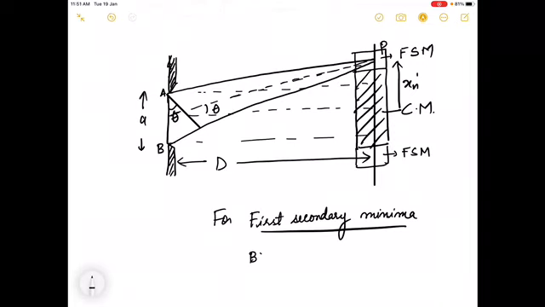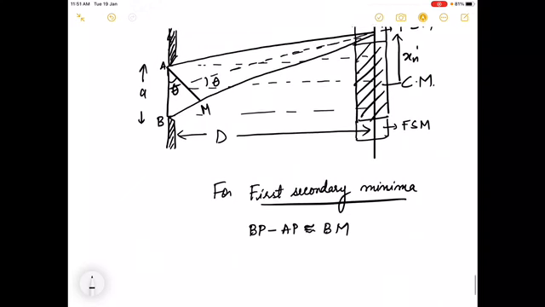The condition is that BP minus AP, that is the path difference, should be approximately equal to your BM, right? And we all know BM is actually a sine theta, yes or no? So we can very clearly say, yes, this is your BM, and BM is actually equal to a sine theta, yes or no, right?